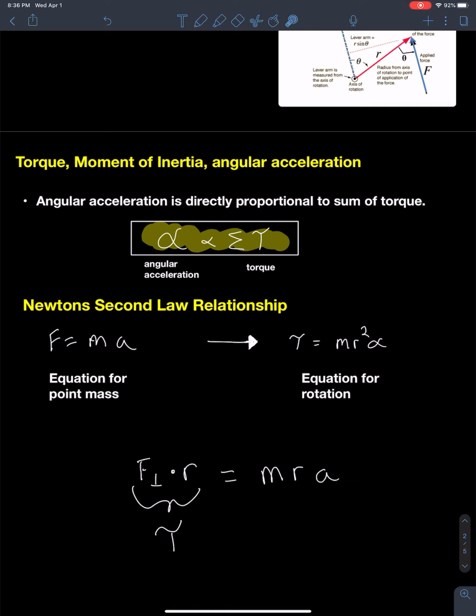Now the next step is, how do I convert a into angular acceleration, or vice versa? Angular acceleration can be converted into a by multiplying the angular acceleration times the radius.